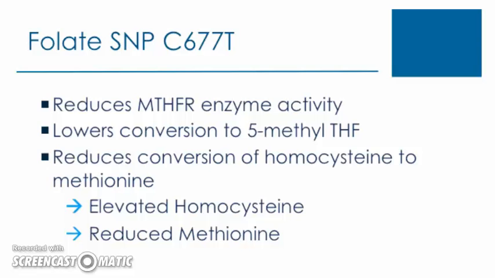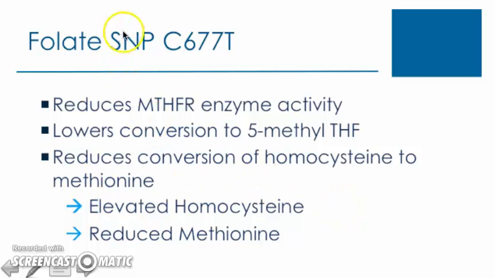And this may be problematic because in evaluation of cardiovascular disease, homocysteinemia, or elevated homocysteine levels, is actually associated with negative effects to cardiovascular health. And so this is something that may be an additional outcome of this homocysteinemia.